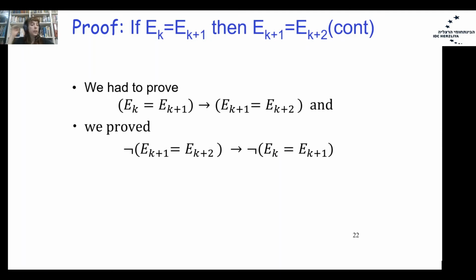Please pay attention that we had to prove that from EK equals EK plus 1 follows that EK plus 1 equals EK plus 2. Instead, we proved that not EK plus 1 equals EK plus 2 implies not EK equals EK plus 1. That's what we did in our proof.